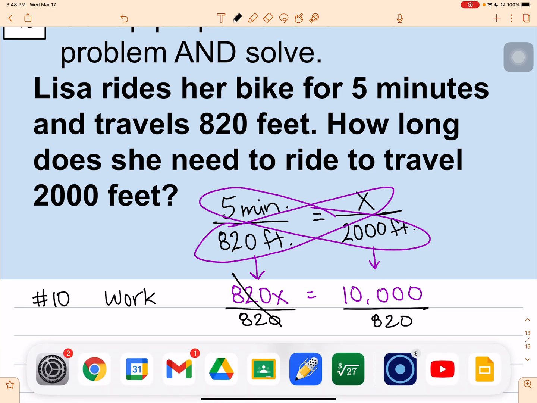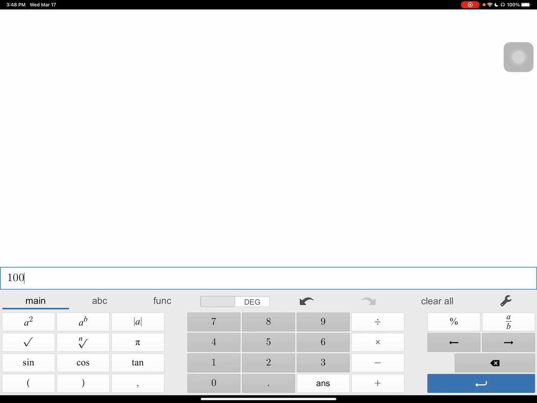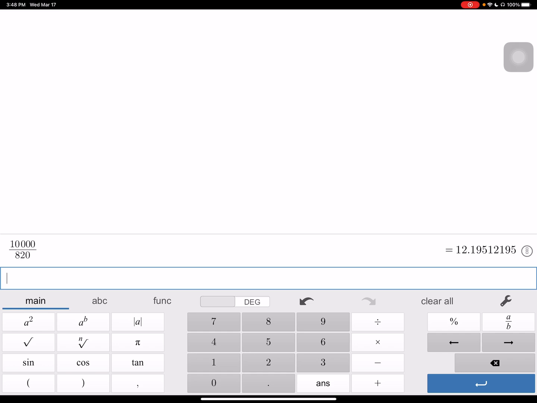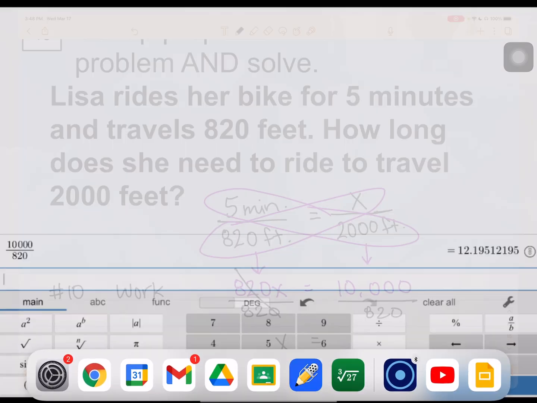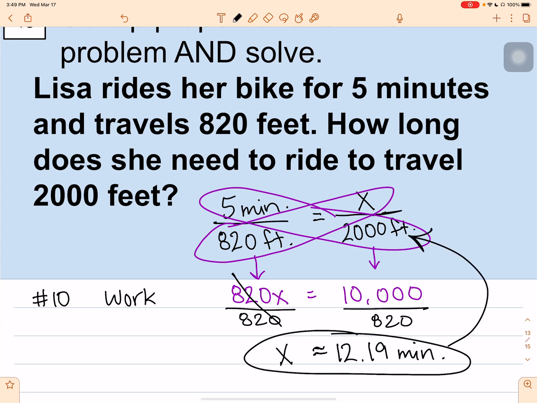And let's see what 10,000 divided by 820 is. It's about 12.19. Okay, so she will need to ride for about 12.19 minutes to travel 2,000 feet. That's what it would be paired up with.